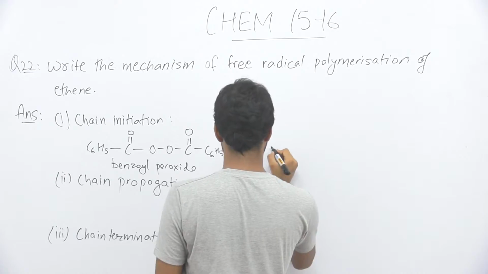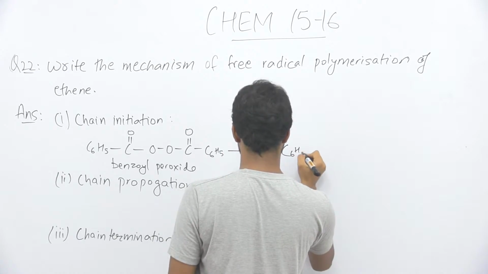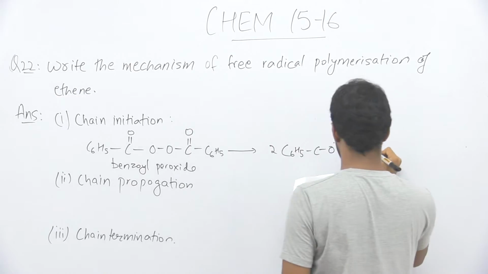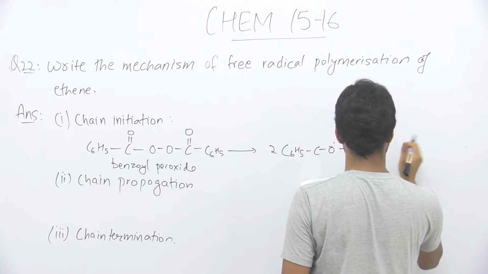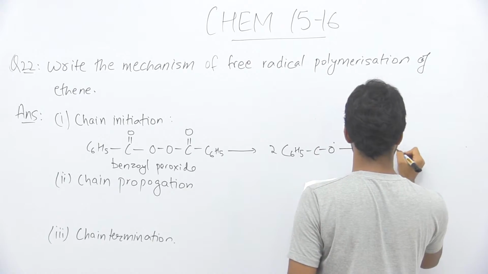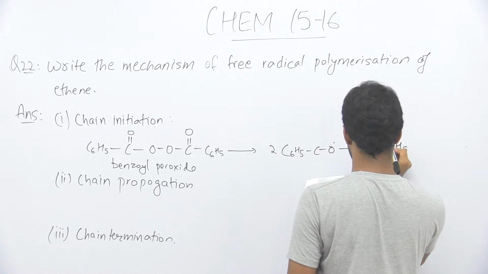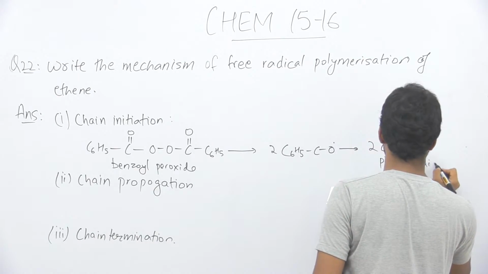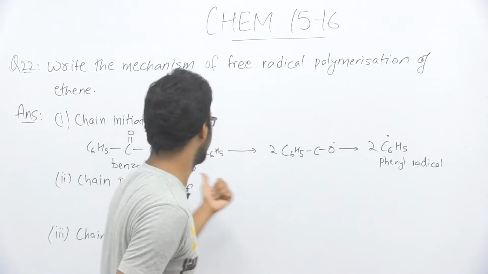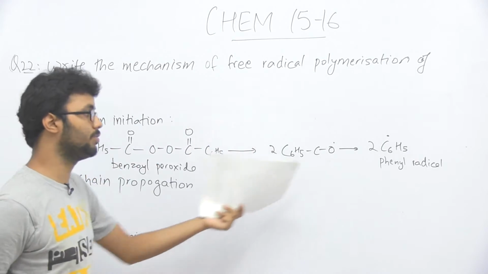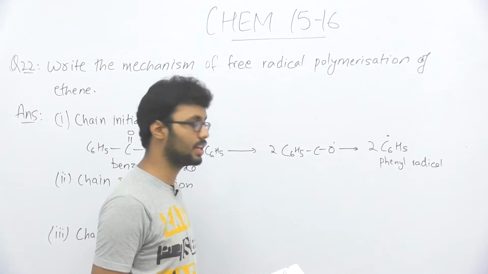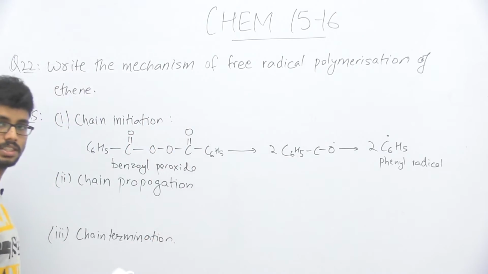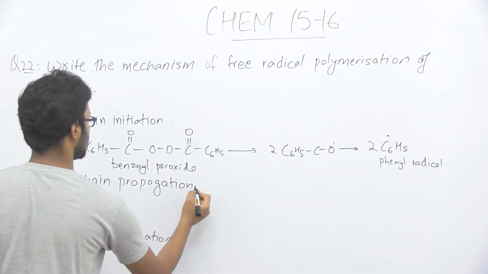The free radical formation leads to the generation of the free radical, which is the phenyl radical here. Now this phenyl radical propagates the chain. We will see how it does so.